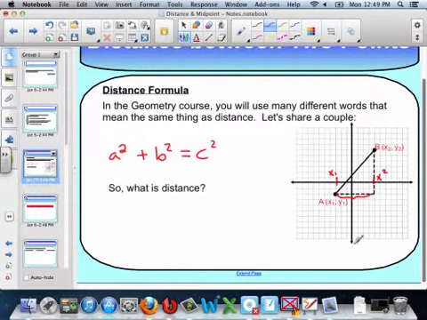So what is my distance between them? X2 minus x1. All the way around. Take the final minus the initial. So x2 minus x1.